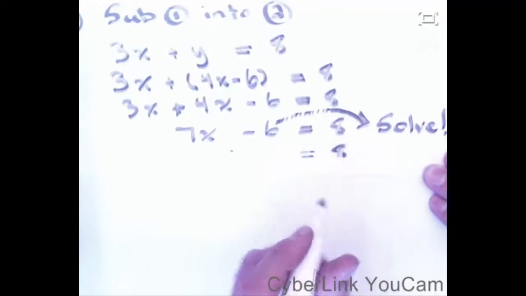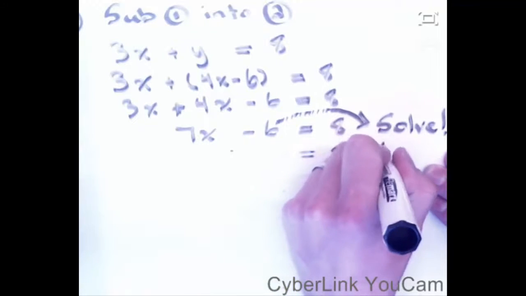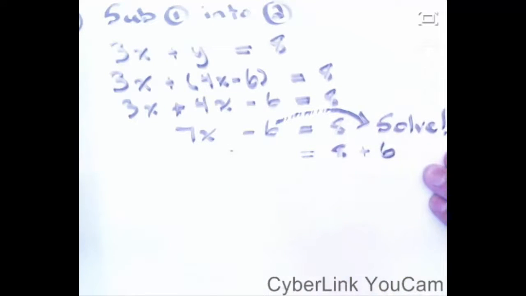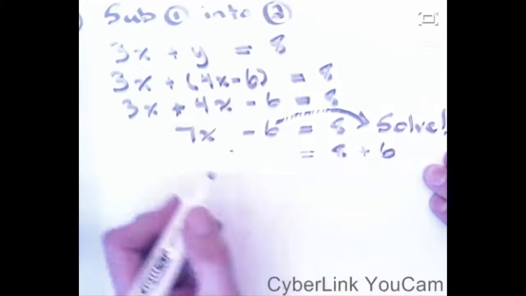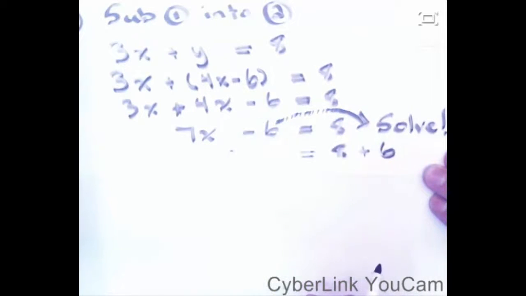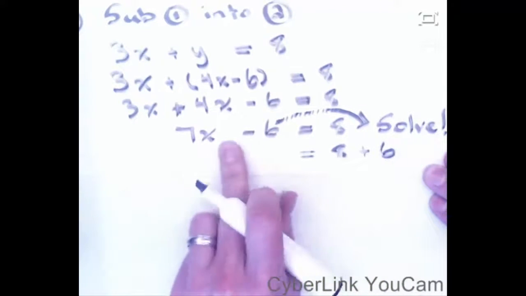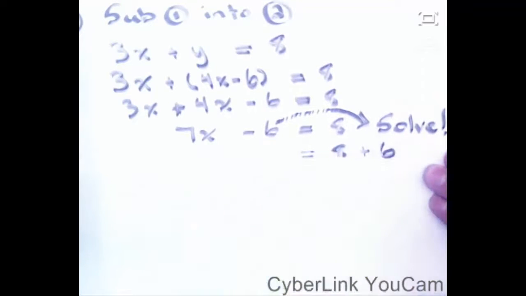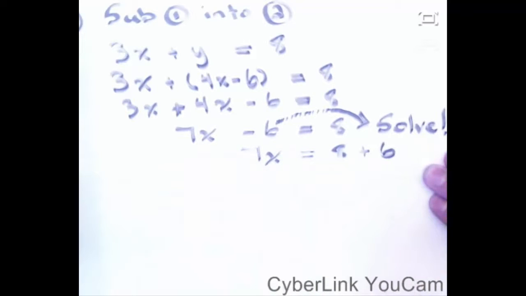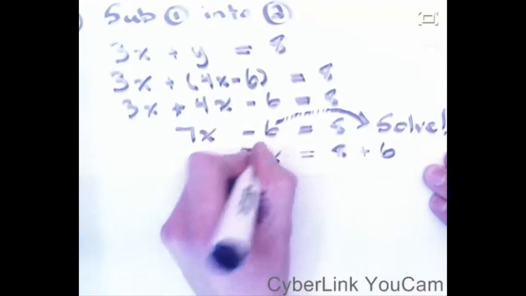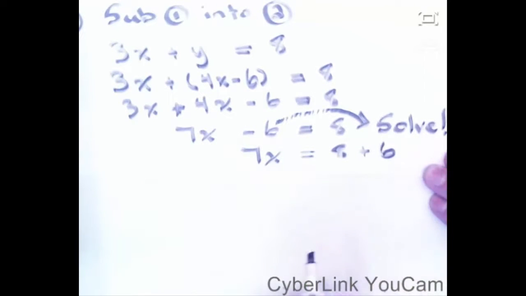So you'd have 8 plus 6. It just changes sides, and you have to flip the sign from negative to positive. Okay, that's a trick you're able to do. What's left then, if this minus 6 came over to the other side, you still have the 7x remaining there.